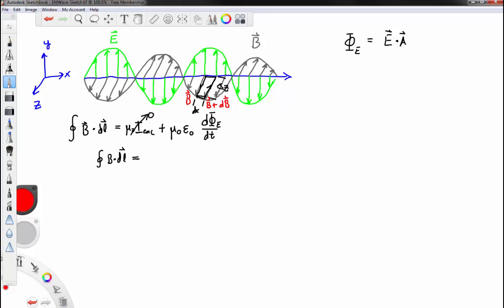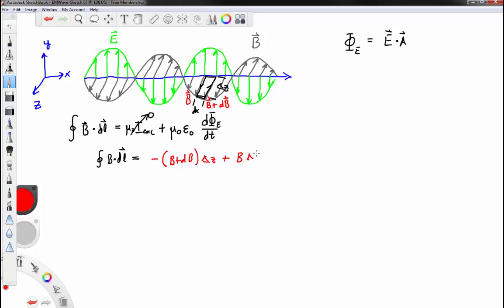Okay, so now we are again doing an integral around this loop. Again, there's no field that has any component parallel to this side or this side. And so we can basically do the magnetic field for this side, which, as I've drawn this loop, will go negative of B plus dB times delta z. And then for this side, the field is in the same direction as the loop, and so we have plus B, and again this is times delta z.